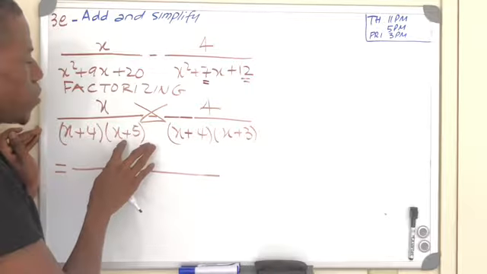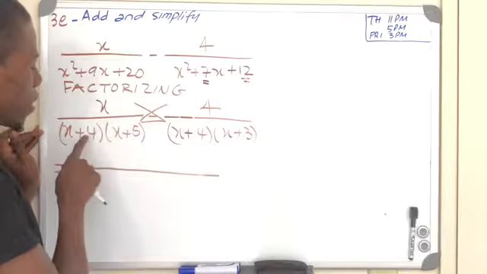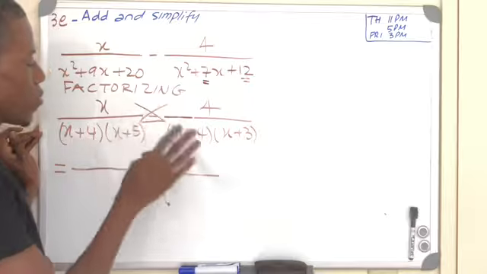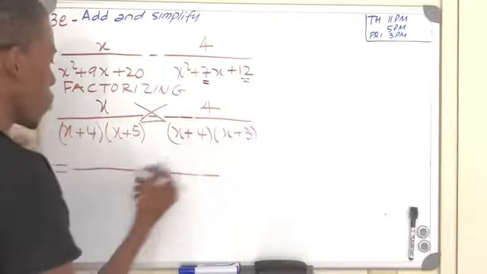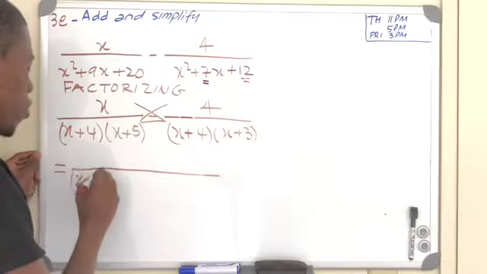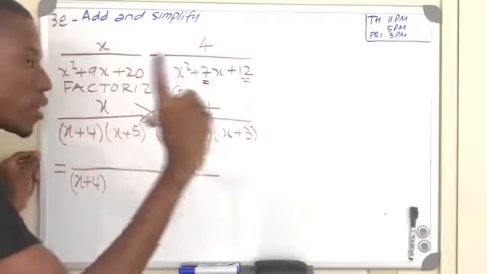I'm going to multiply these two denominators and keep them in the bottom. But look, I have x plus 4 right here and x plus 4 right here. I don't have to write both x plus 4. I have x plus 4, which is common in both.